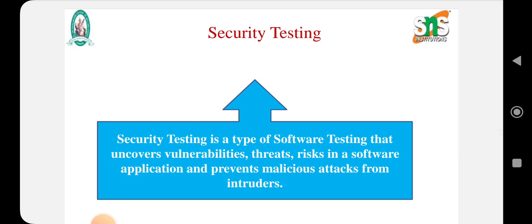Now let us see security testing. The word security is clearly understood: we are going to check the secured level of a newly developed application. In security testing, we are going to check the risky tasks in the new application as well as how to prevent malicious attacks from intruders.